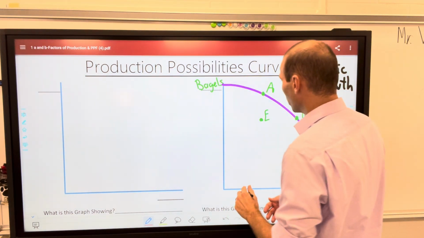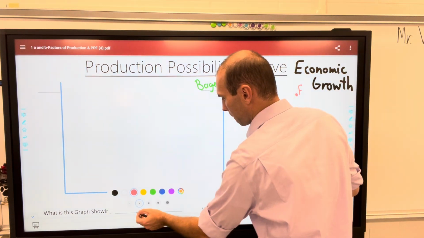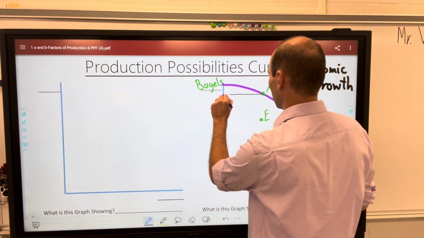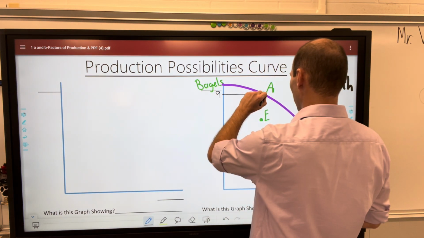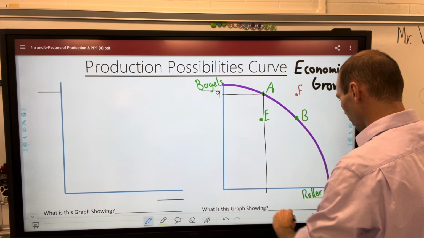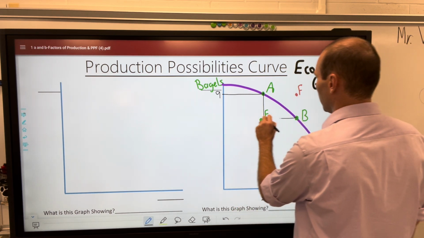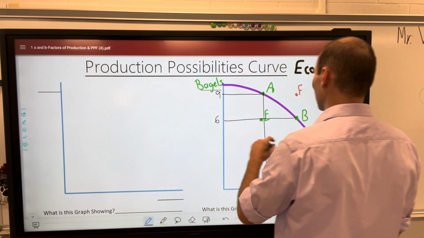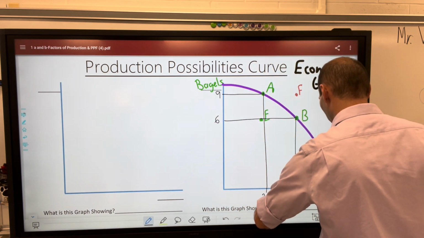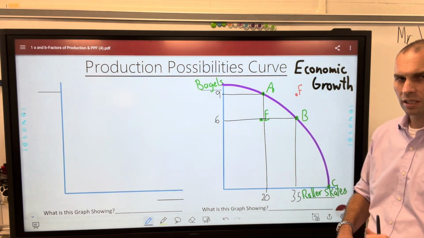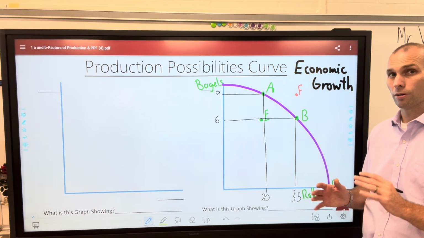But what we're going to do is go ahead and add point Foxtrot right here, okay? And we can even go along and say, hey, we'll be really slick here. We'll say this was 9 bagels. Down here, we'll call that 20 roller skates. We can say point B is 6 bagels or 35 roller skates. And we'll just kind of leave those right there. All right.